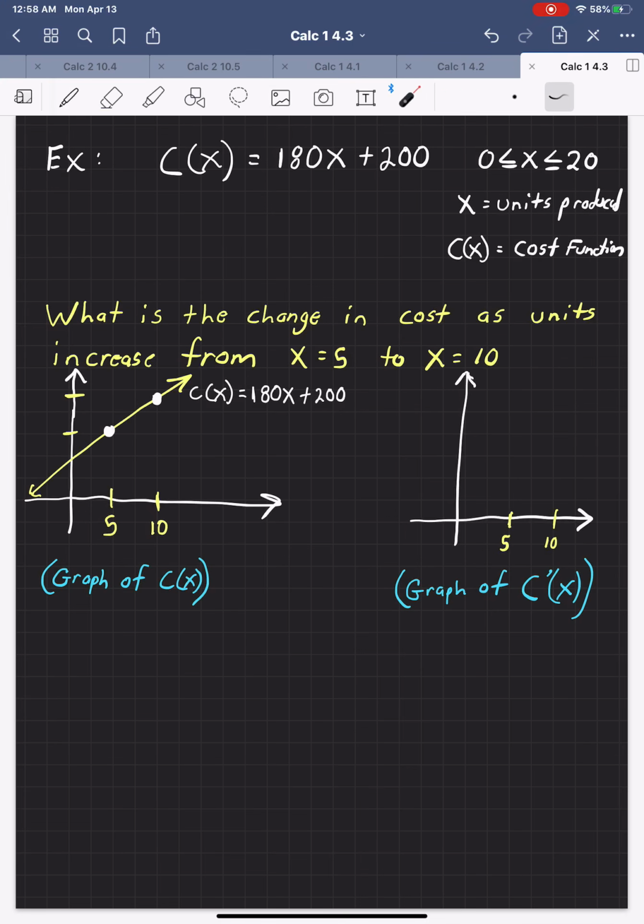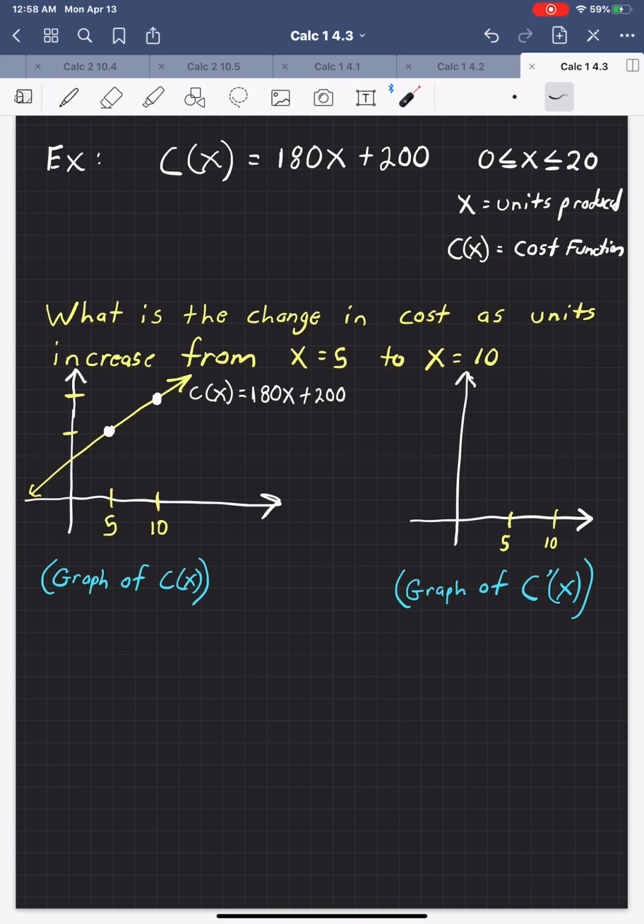Ready? So in this case, we have a cost function. Here, x is how many units you produce. I don't know what you're producing, but x represents how many of those units you do produce. So if you produce 1 unit, you would plug 1 in for x, and what comes back out, c of x, is the cost of producing 1 unit.